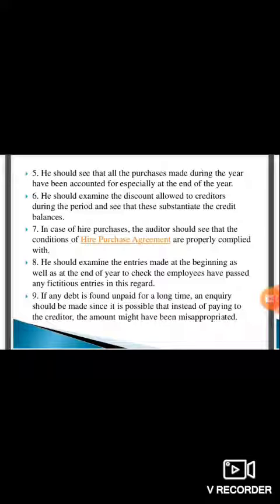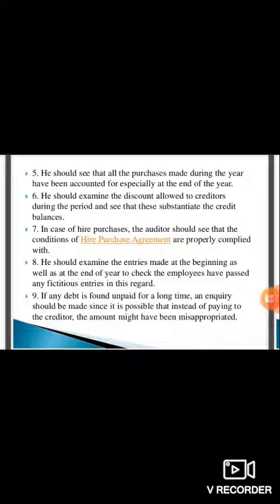And next, the auditor should examine the entries made at the beginning as well as the end of the year to check whether the employees have passed any fictitious entries in this regard. So the most important thing in the verification and valuation of trade creditors is that the auditor should use the technique of checking the beginning entries and ending entries.